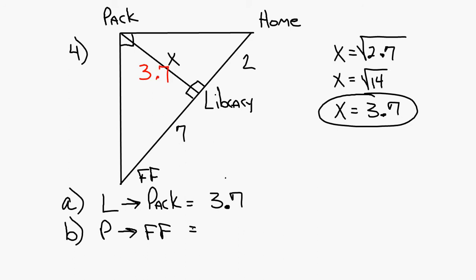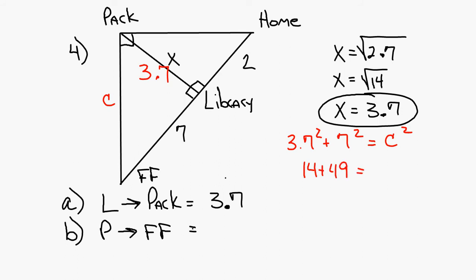Okay? This is the hypotenuse of a right triangle. We're going to call it C this time. So 3.7 squared plus 7 squared equals C squared. The 3.7 squared is equal to 14 because the square root of 14 we use 3.7. So we got 14 plus 49 equals C squared.